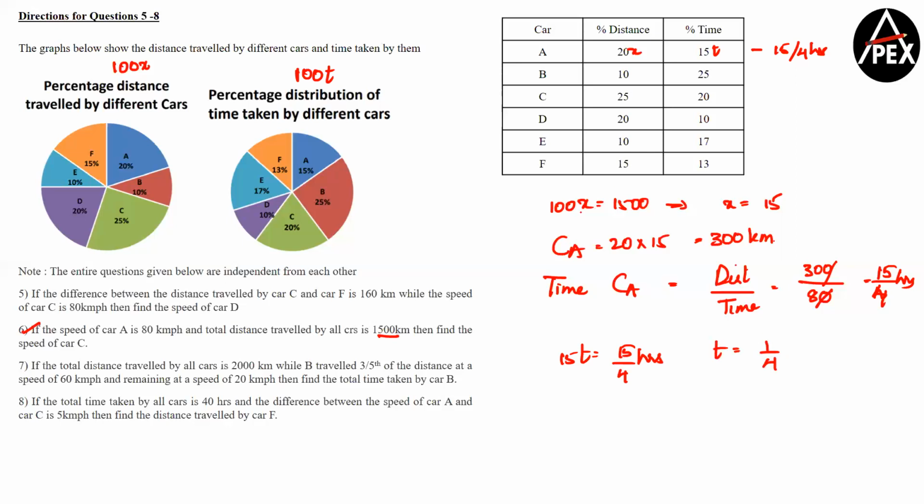Yes. Now he's asking, then find the speed of car C. The time taken by C will be 20t. So time taken by car C will be 20 into t, which is 1 by 4. So I can say that time taken by car C is 5 hours. What will be the distance traveled by car C? It is 25x. So x is 15.